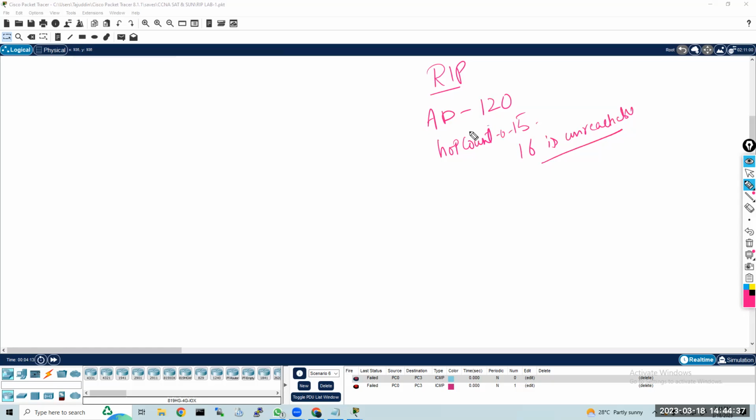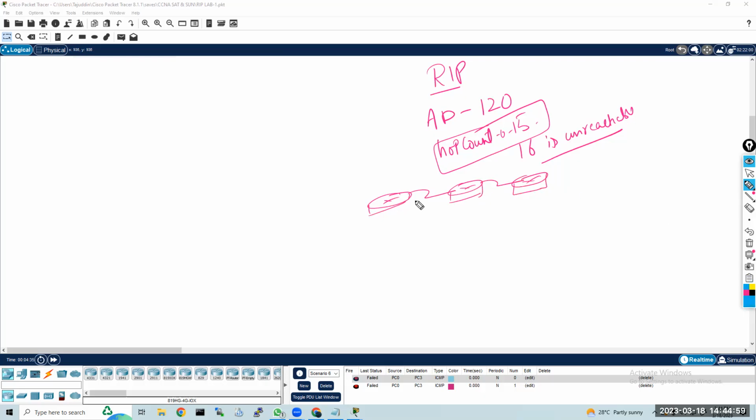RIP works based on the number of hop counts. What is a hop count? This is my router. As you can see, I am using 3 routers.